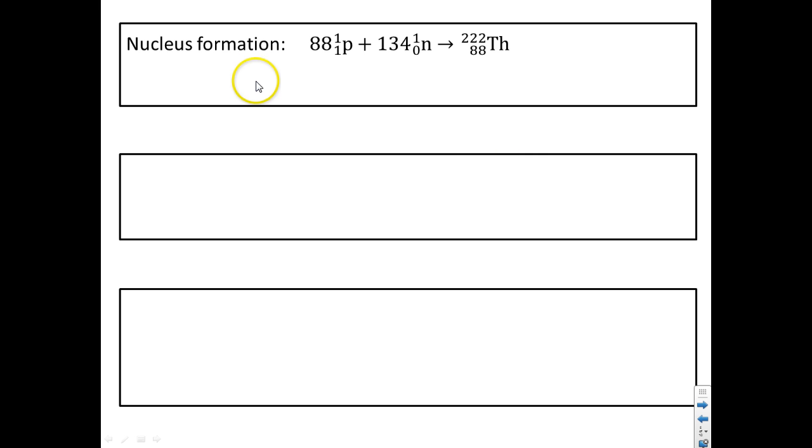So here is the first that we're going to look at, the formation of a nucleus. If you take 88 protons and you combine 134 neutrons, you slam them together at a really high speed, you'll produce thorium-222. And if you compare masses, the left side, the mass of the parts individually, when they're free, the combined mass is bigger than the mass of the whole thing, the nucleus, which means that there is a loss of mass during this reaction.